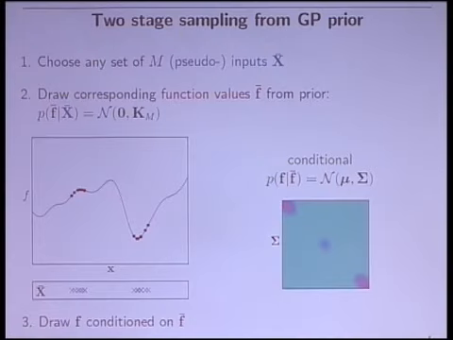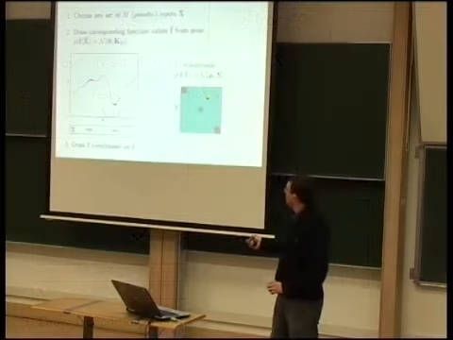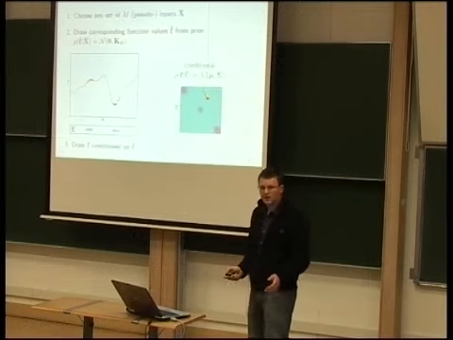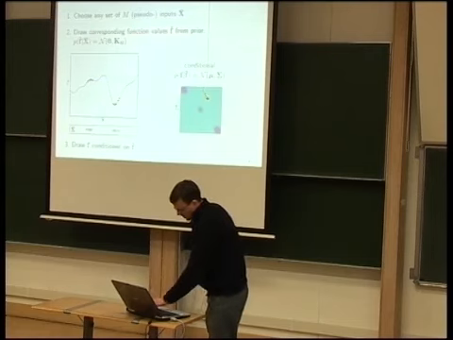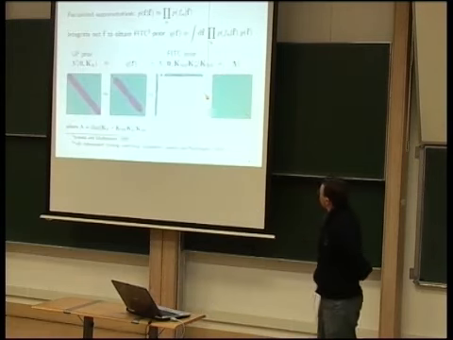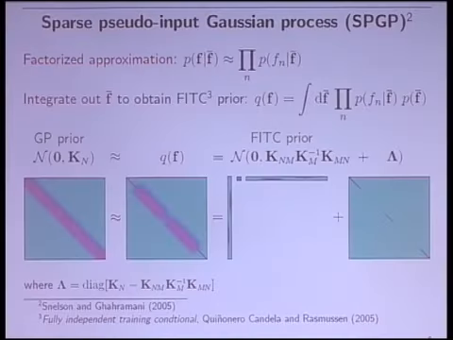Now, so far, this is exactly the same as if we'd drawn this function from the original Gaussian process prior. So we just separated it into two stages. But we can make a factorized approximation to that conditional distribution. So we approximate it by the product of all the point-wise marginals.